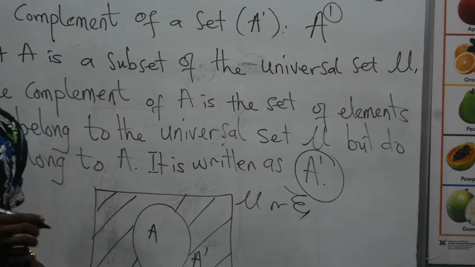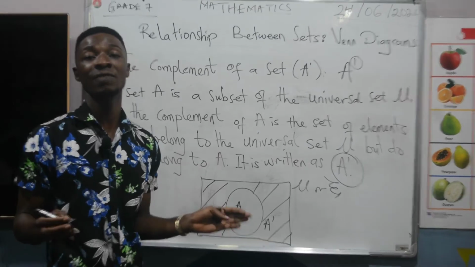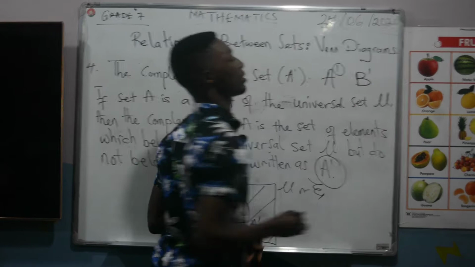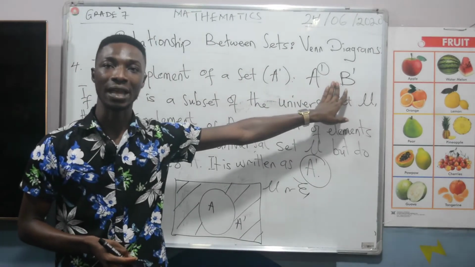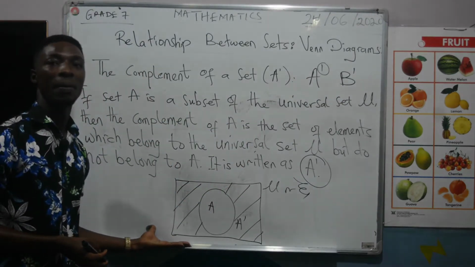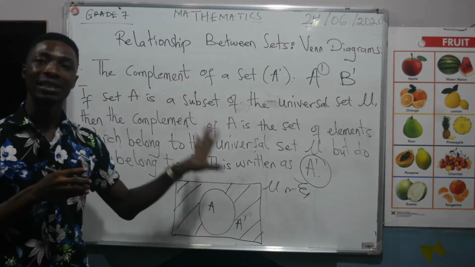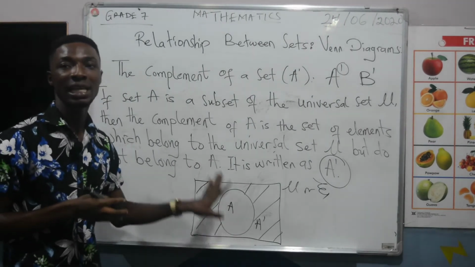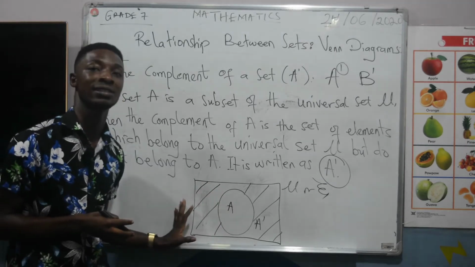Supposing I had set B also as a subset of the universal set, then the complement of set B would be written as B prime. This is how we represent the complement of a set by a Venn diagram. I have already told you that the subset itself must be written as a circle inside the rectangle, where the rectangle represents the universal set.